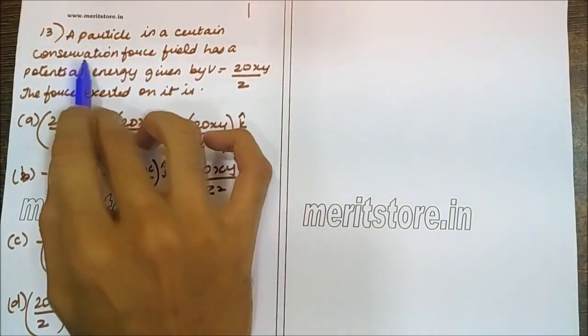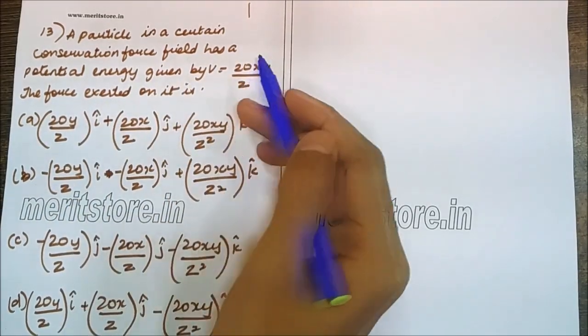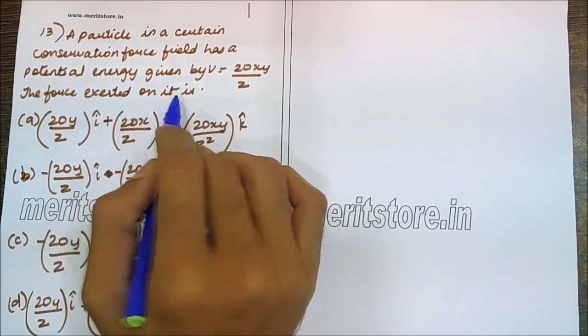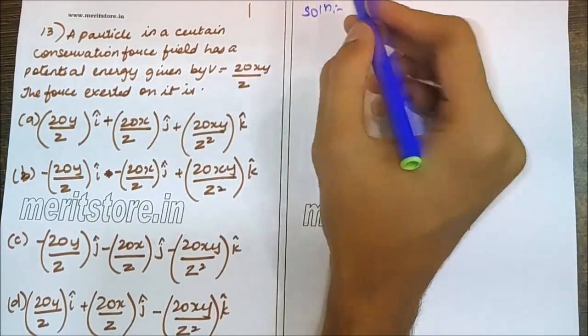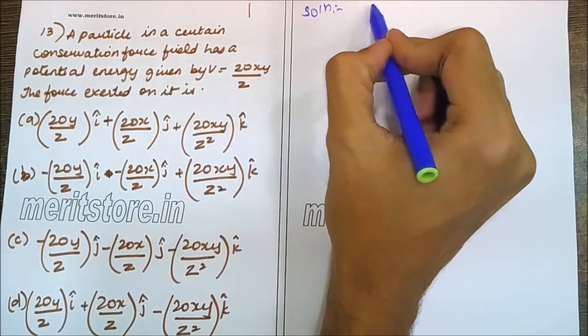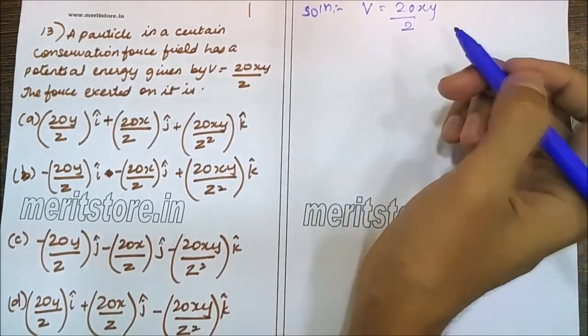A particle in a certain conservative force field has a potential energy given by V equals 20xy upon 2. The force exerted upon it is? So we have a conservative force field where the particle has a potential energy of 20xy upon 2.